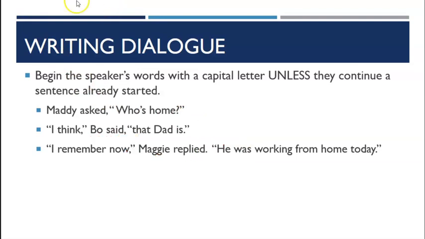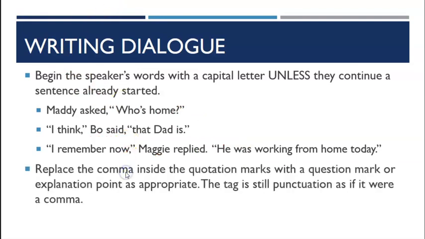Okay, so now what happens if it's a question or you want to use an exclamation point? You're going to simply replace the comma that's inside the dialogue. So that would be this comma right here, this comma right here, right? With the question mark or the exclamation point as appropriate.